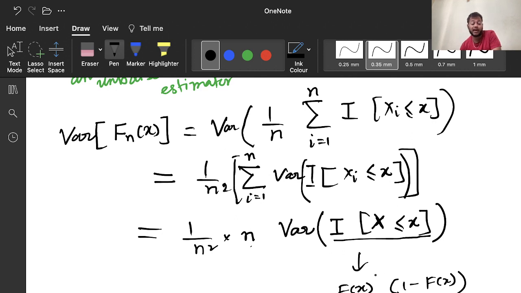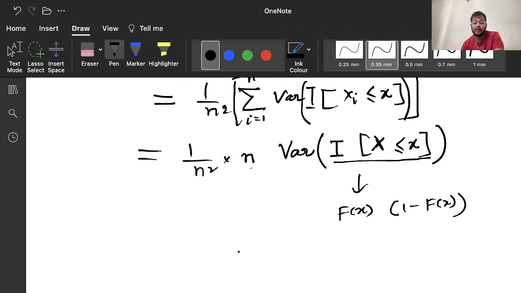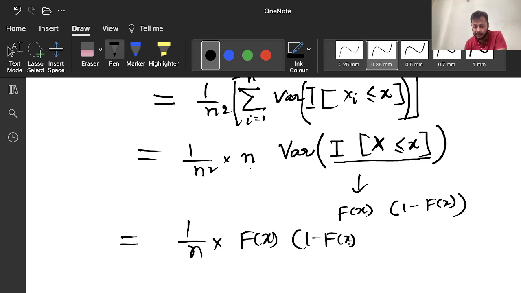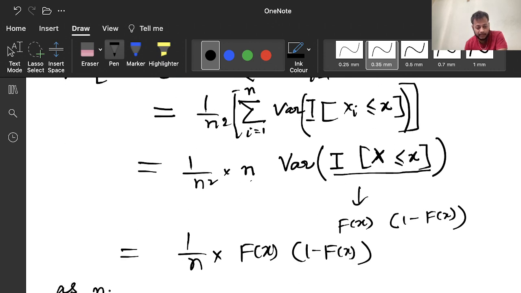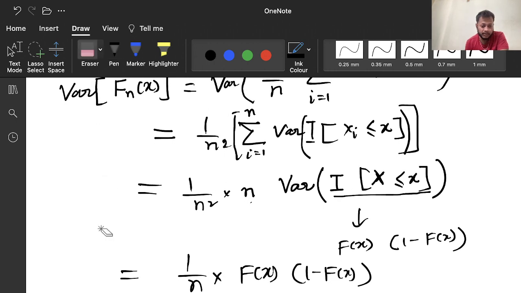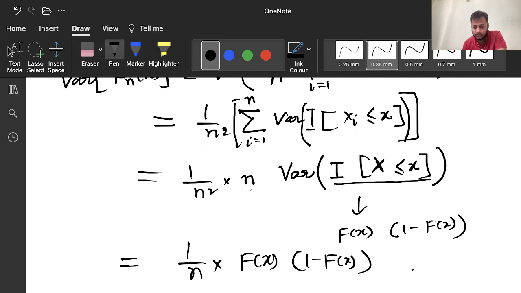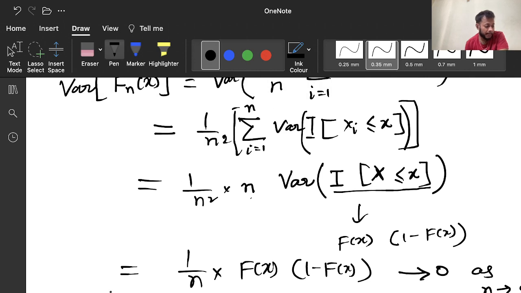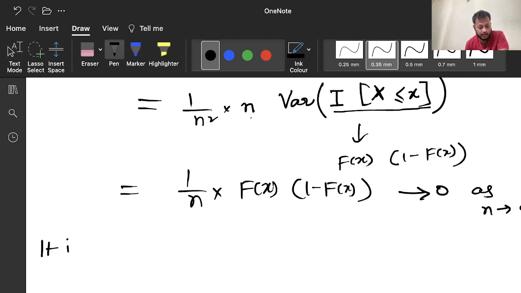So what is the variance of a one coin toss, that is p into q, that means p into 1 minus p. So we'll get F(x) into 1 minus F(x) by n, and since these two are finite, this tends to 0 as n tends to infinity. So it is weakly consistent.